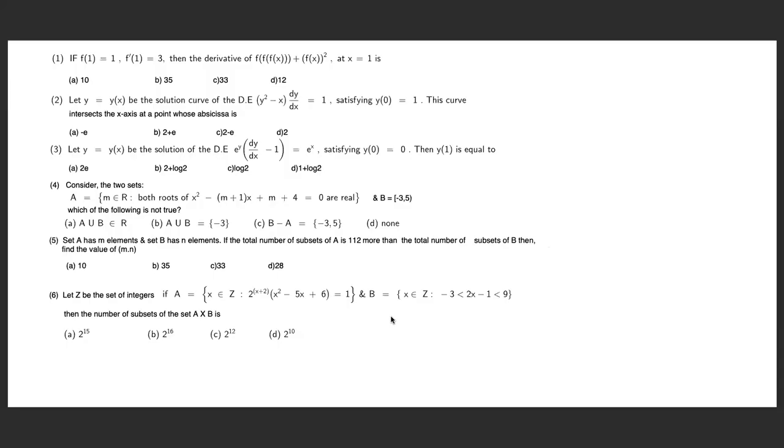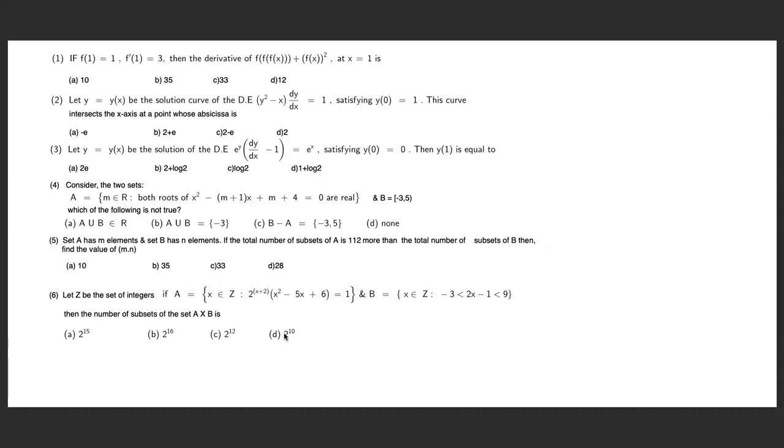Now let us look at the sixth question here. If you see, set A is this, and set B is this. What is the number of subsets of the set A multiplied by B?